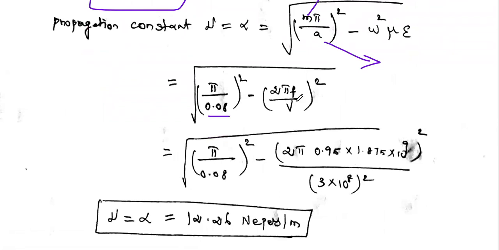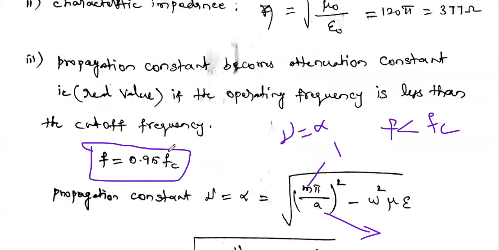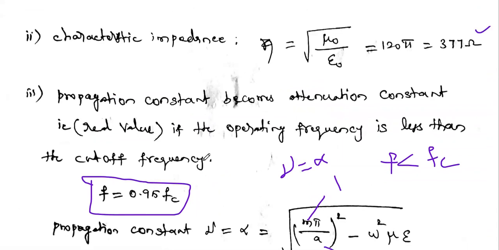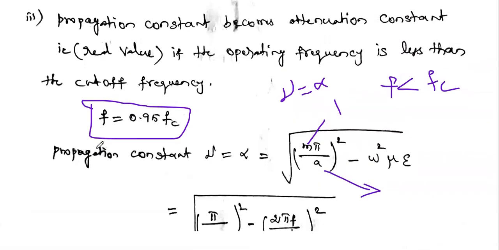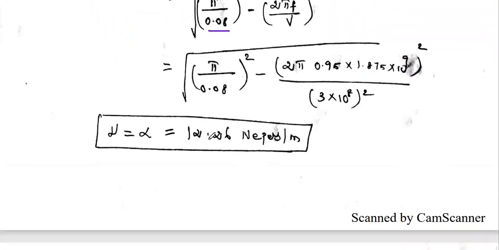And what is the f here? The frequency f is 0.95 into the cutoff frequency, so 0.95 into Fc, which is 1.875 into 10 to the power 9.